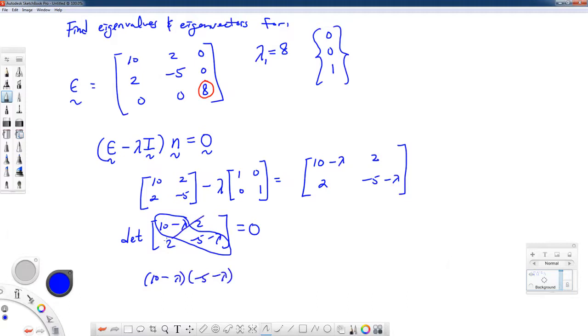Then we take these two terms, multiply them together and subtract, so we'd have minus 4 right here. Now a little bit of algebra. On the left-hand side, we're going to have minus 50, plus 5 lambda, minus 10 lambda, and then plus lambda squared, and then that minus 4, equal to 0.